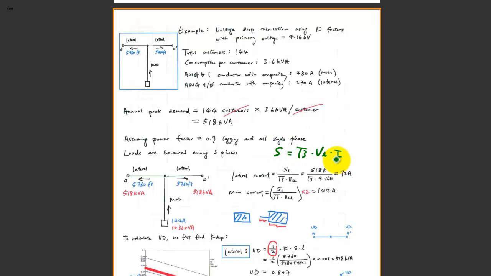So we just move it around to find out this current, and that gives you 72 ampere for each lateral. And then the main current is simply a multiplication of 2, because based on KCL, the sum of the current going into that node must equal the current going out from that node. So 72, and the main current will be multiplied by 2, right?